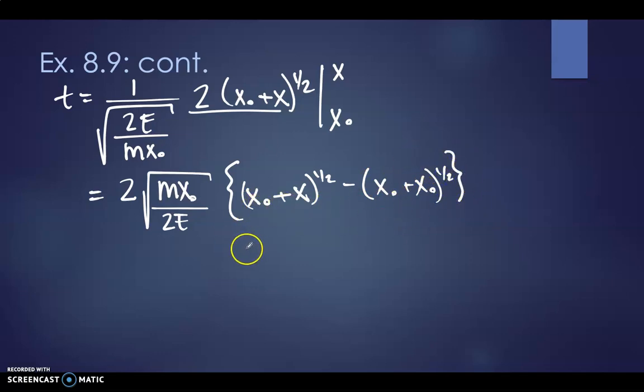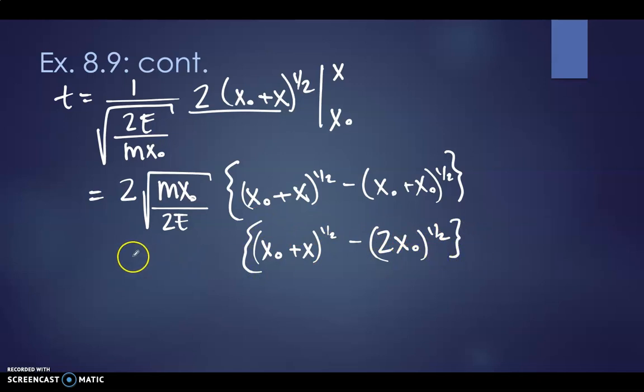So just looking at this portion, we're going to get x naught plus x 1/2 minus 2x naught 1/2. Okay. 2 mx naught for 2e. Okay, and we want to solve for x.